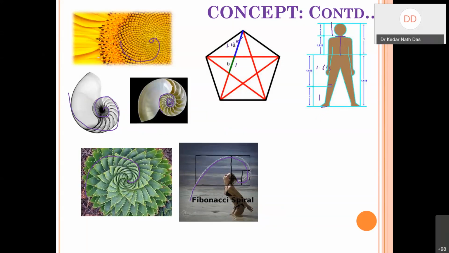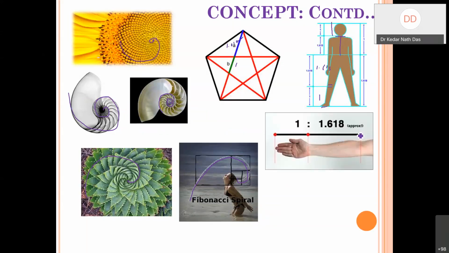Now, you can also consider the hand from the top of your finger to the wrist. You can have this one part, whereas approximately up to the elbow it is up to 1.618 ratio. Similarly, you can have a Fibonacci spiral in the ear structure. So all these are coming altogether. Nature is full of mathematics, and this golden number plays an important role in nature.